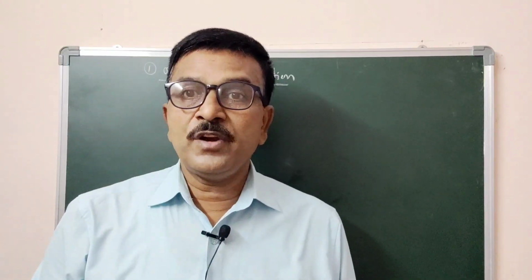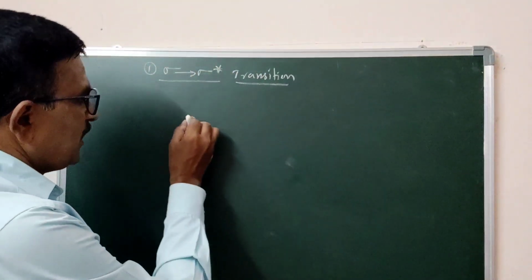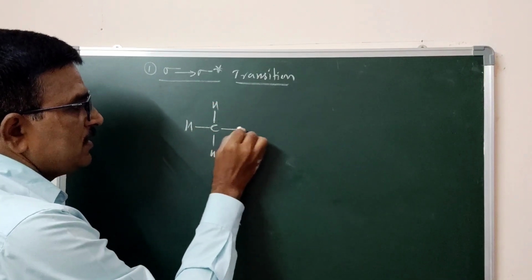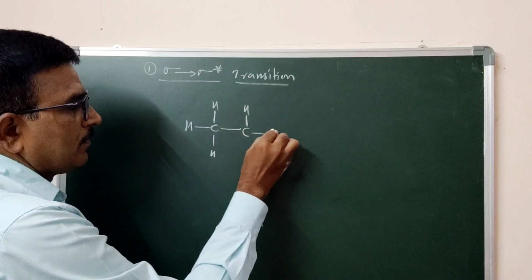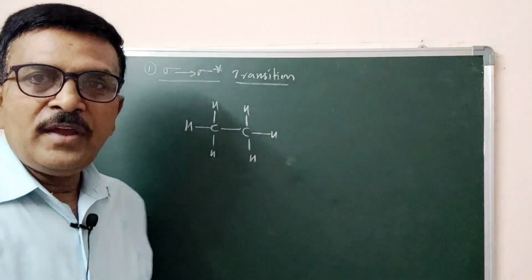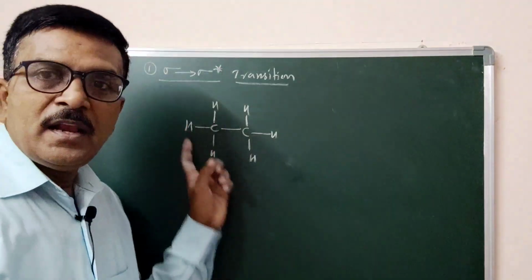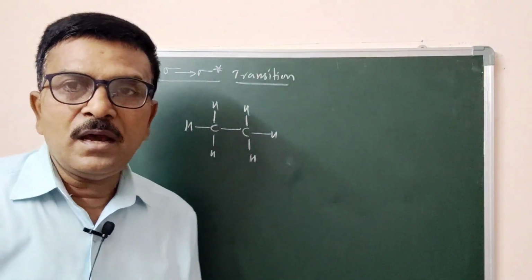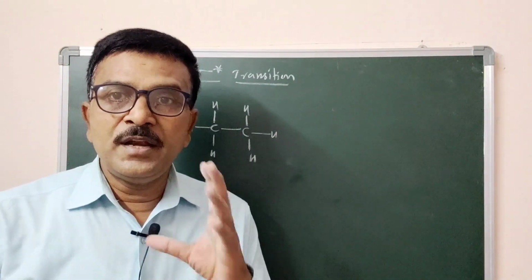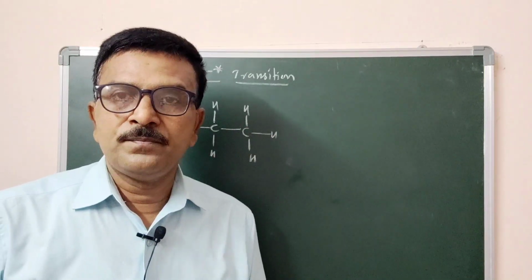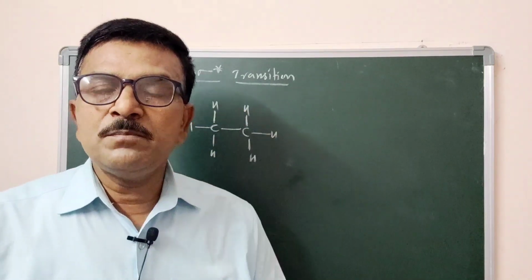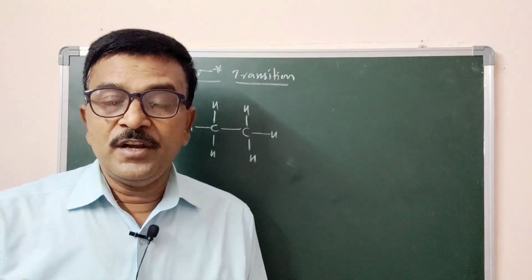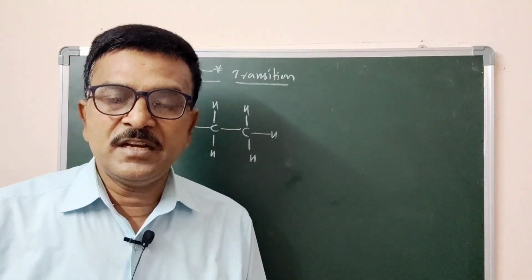Example, you take a saturated hydrocarbon, say ethane, where it contains only sigma electrons, no other transitions are possible. Here ethane or saturated hydrocarbons contain only sigma electrons, therefore only sigma to sigma star transitions are possible in saturated hydrocarbons. Is it clear?